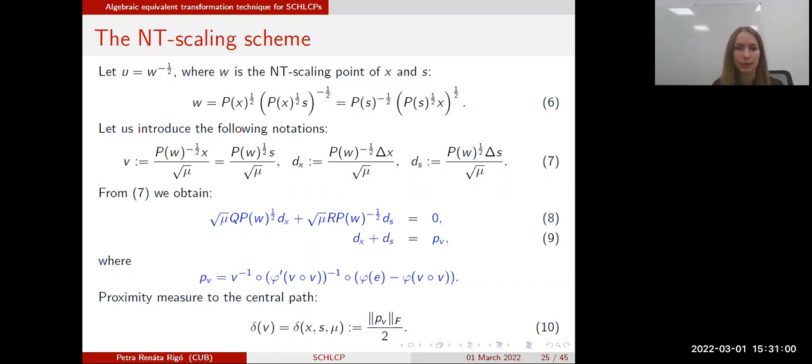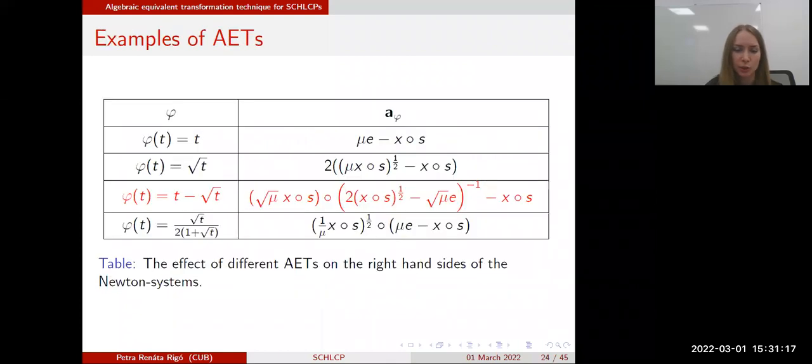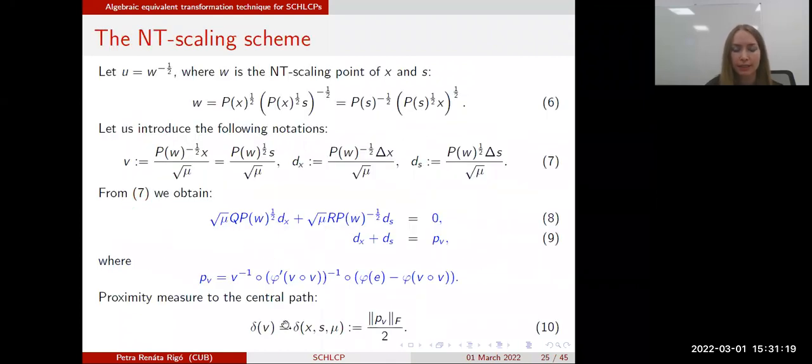That is why we needed this symmetrization scaling technique, because from the original system we cannot determine the search direction; it does not have a unique solution, so we do not know about that, but for this one we can prove that it has a unique solution.